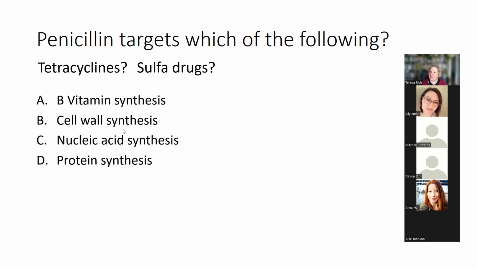Same thing with cell wall synthesis. It's further down the line. If you can't replicate your DNA, you can't make RNA. Can't make RNA, you can't make the enzymes to make your cell walls. So I'm going to go with B vitamin synthesis as the best answer of the three. But good job. You did a good job on working to remember what you learned.